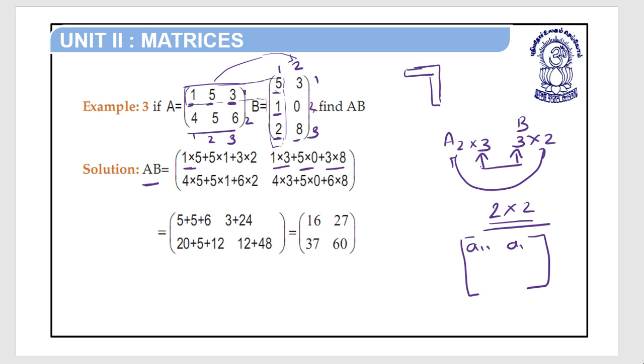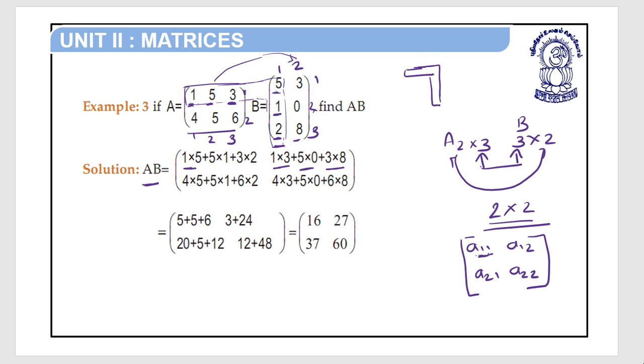So A11, A12, A21 and A22. Easily you can find out A11: first row, first column. First row means the first row of the A matrix, and first column means the first column of the B matrix.